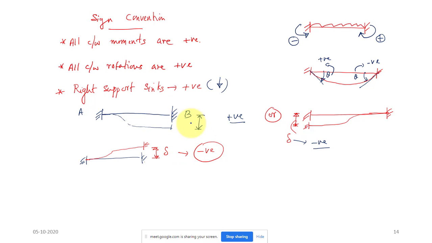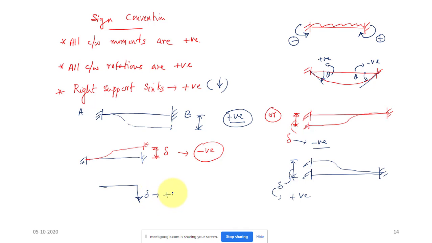Another way is you can say in terms of the left support: left support going down is negative, and if the left support has a deformation like this, it is positive. Just remember this case: right support sinking down, this delta is positive, and anything opposite is negative.